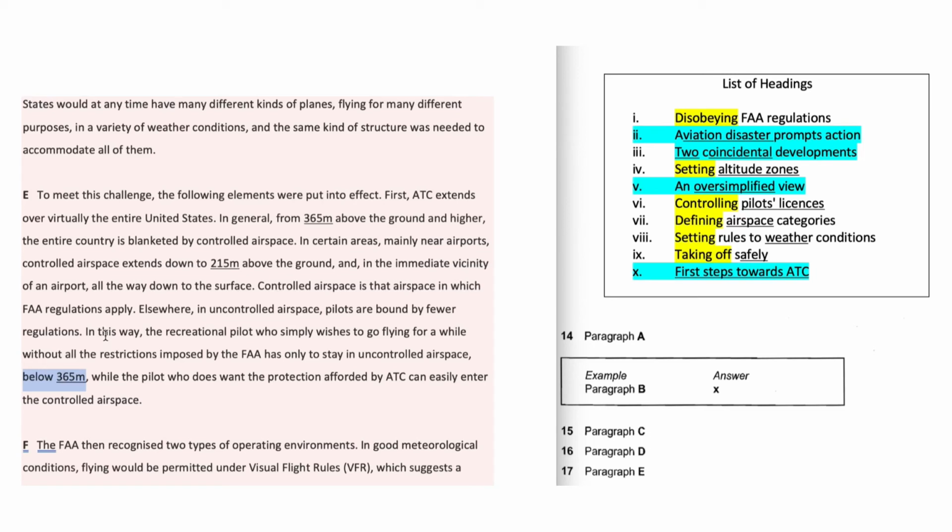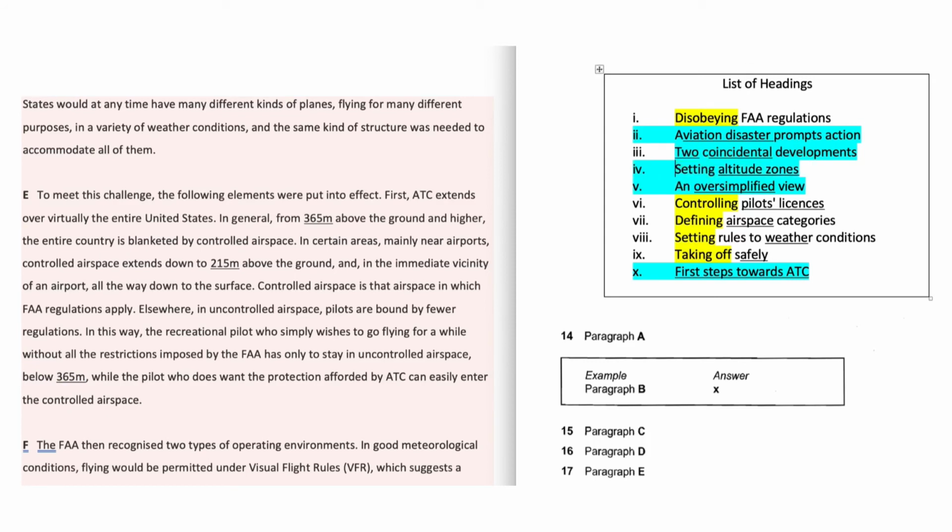So here we're talking about altitudes and how high planes could fly or not. So I can see straight away that is related to that, setting altitude zones. Okay, so the setting is given by the following elements were put into effect. Okay, if you set something, you put something into effect.